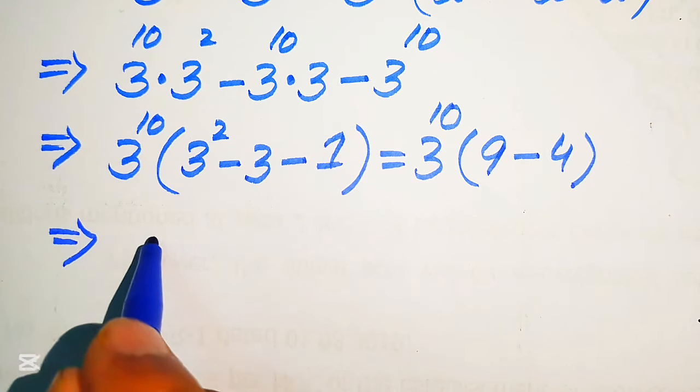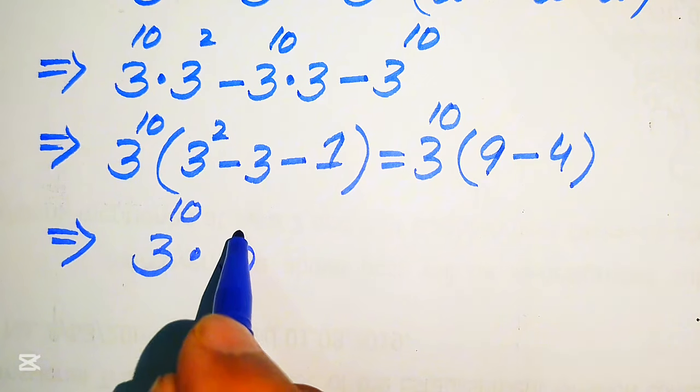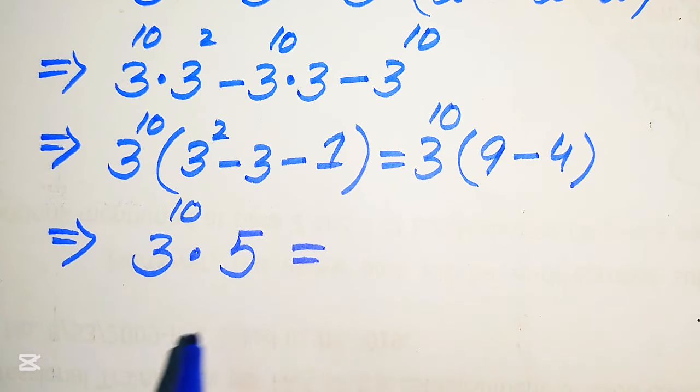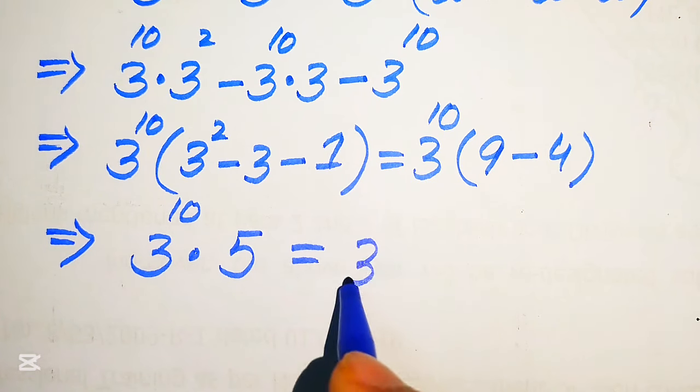So now we have 3 to the power of 10 into 9 minus 4 equals 5.